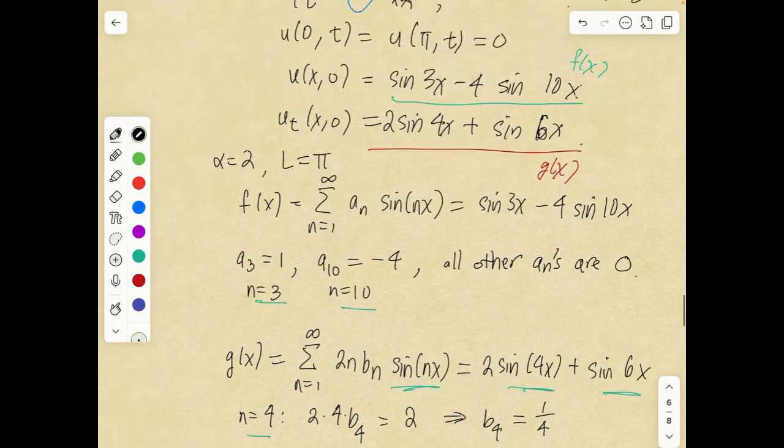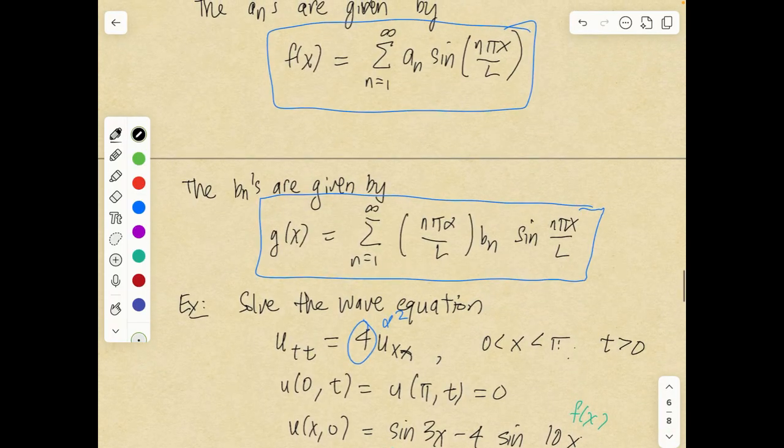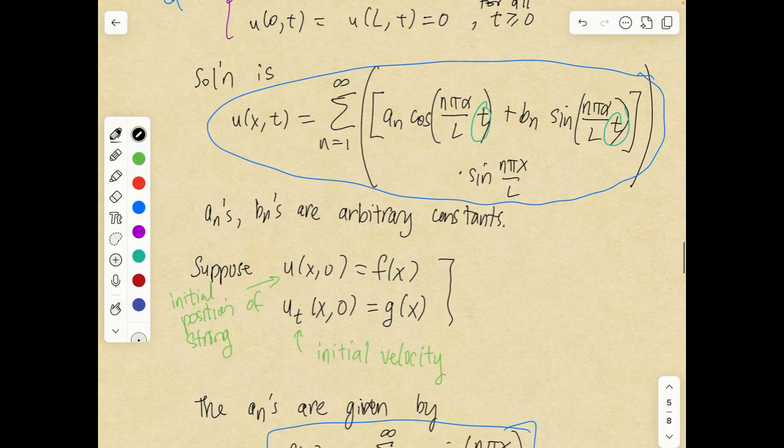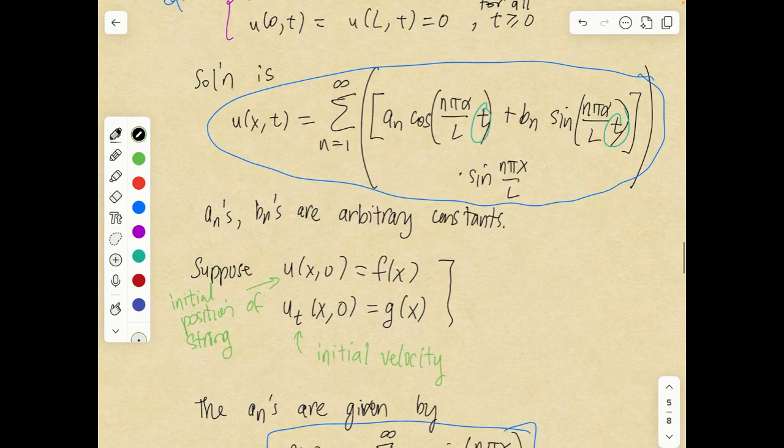Because n equals 3 and n equals 10, those give you the cosine times sine. And then the bn's, when n is 4 and n is 6, they give you the sine 2nt times sine nx. Right?